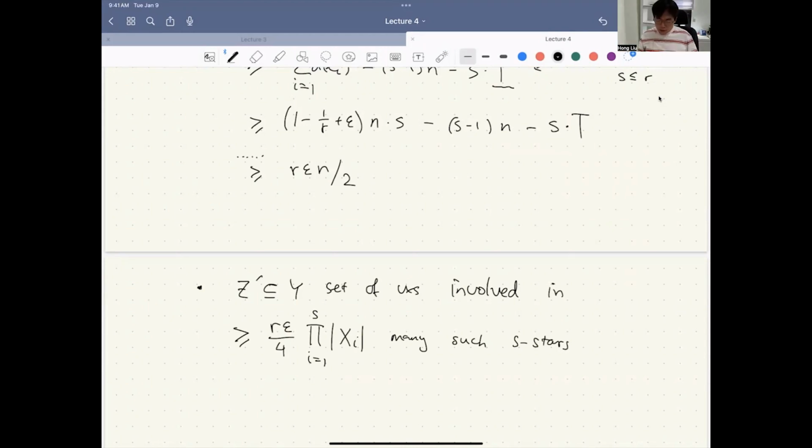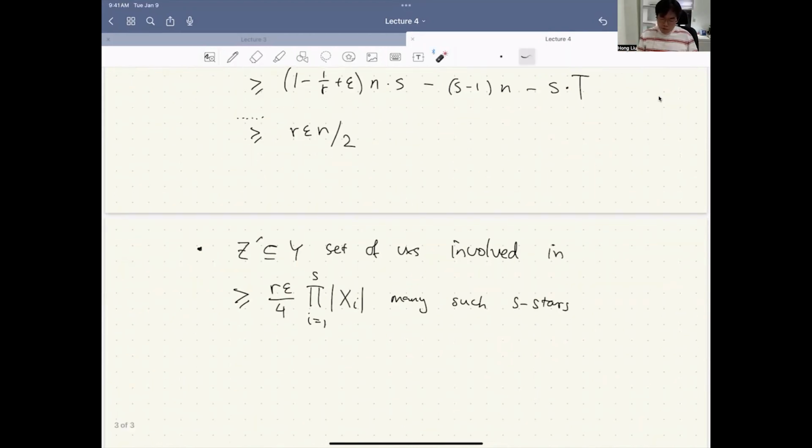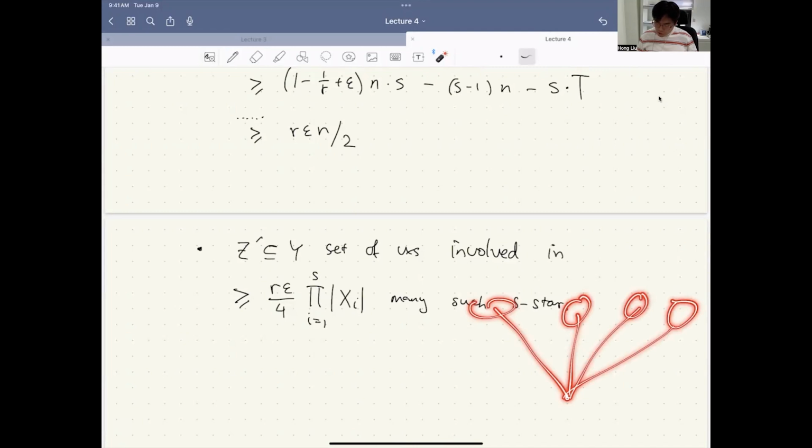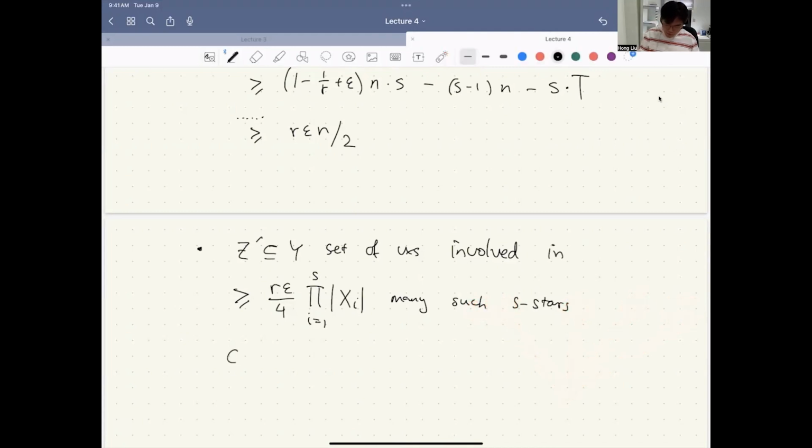Okay. This is the set of vertices that are the centers of these many stars that we've been counting. Notice that a simple observation is that Z prime is a subset of the set of good vertices we want to count that has large degree to H Xi.